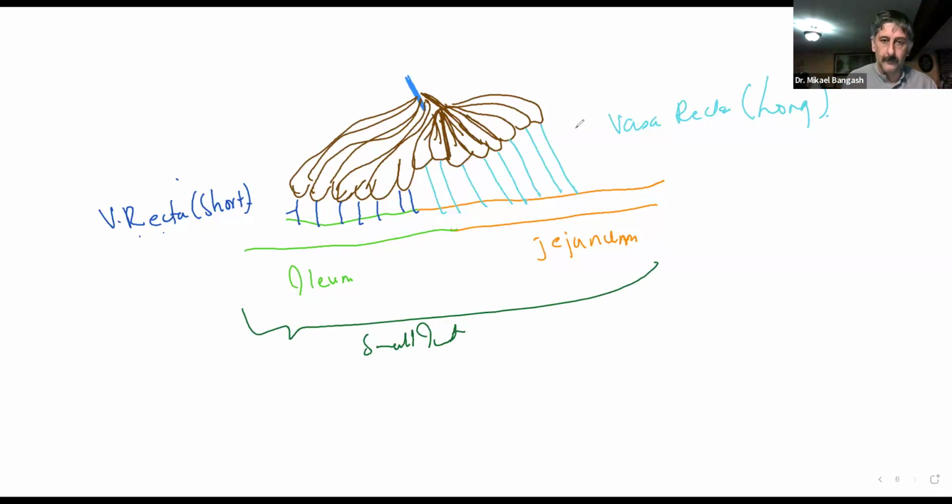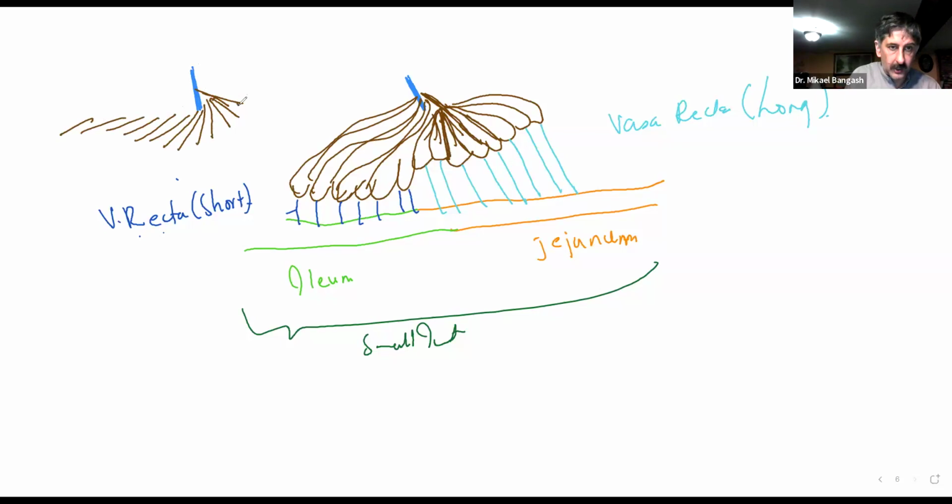But actually, these here are the vasa recta. So we have the superior mesenteric artery, and off of that branches this extensive network of blood vessels.